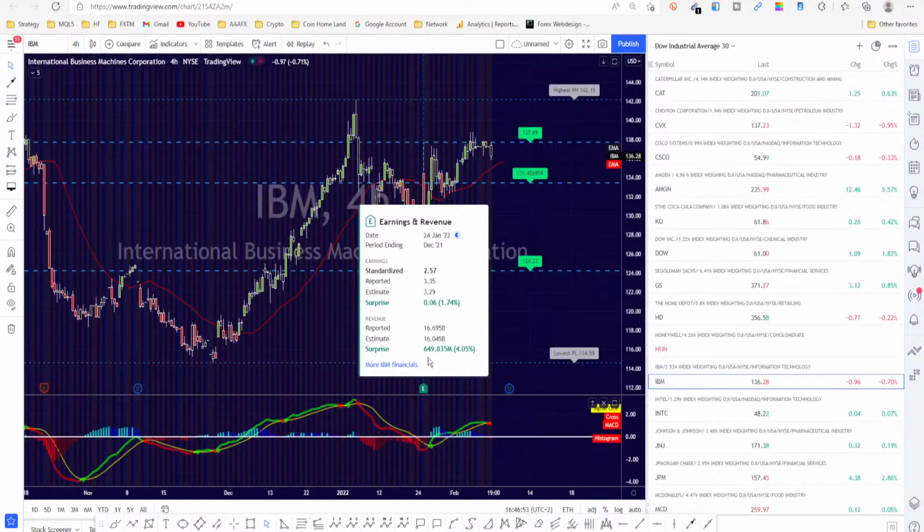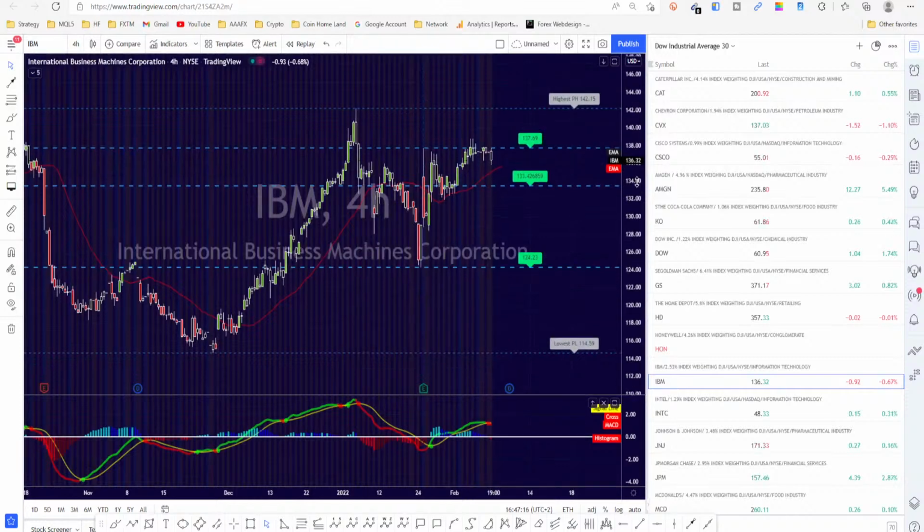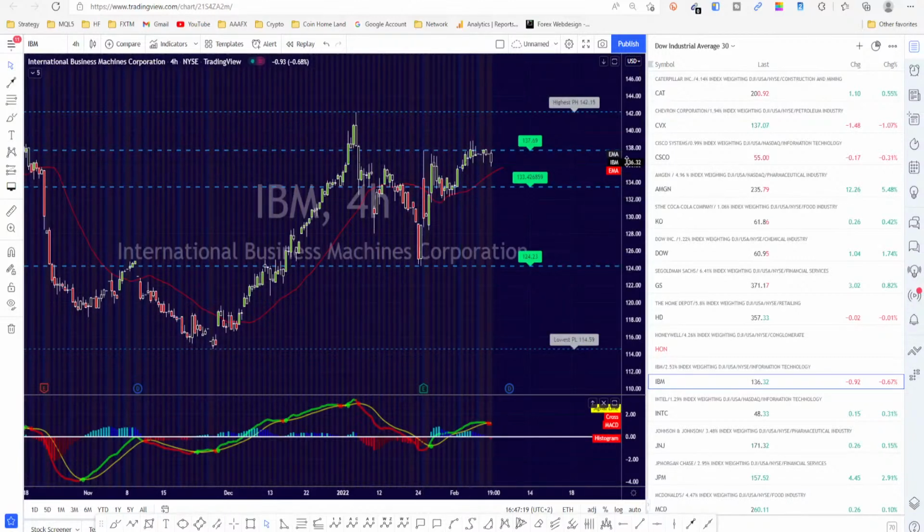They have reported 16.695 billion revenue, a huge amount. The price is trading right now at 138. Reported per share was 1.74% higher. So basically, every share's got $3, which is good. I think this is going to continue to the upside in this ABCD fashion.